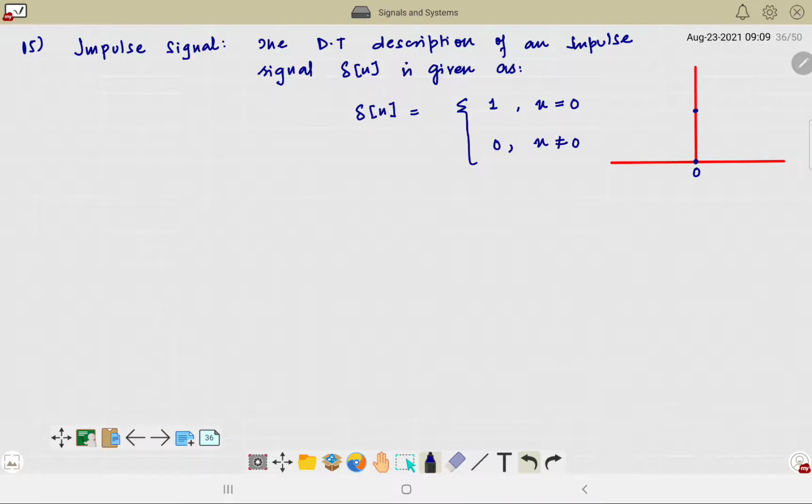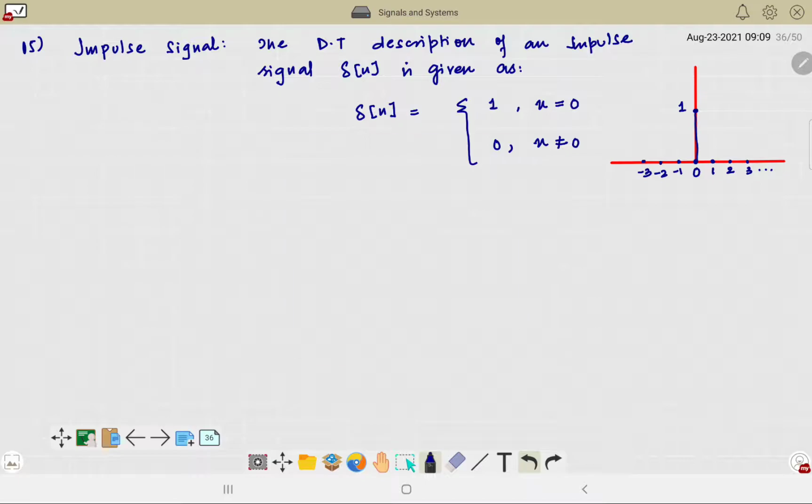At this point, my signal value will be 1. For all the other points, 1, 2, 3, so on, as well as on the negative axis, its value is 0. Right? So it has only one sample where it has some amplitude value. So this is pretty straightforward in discrete time domain.